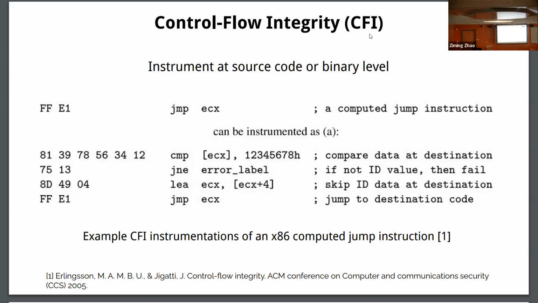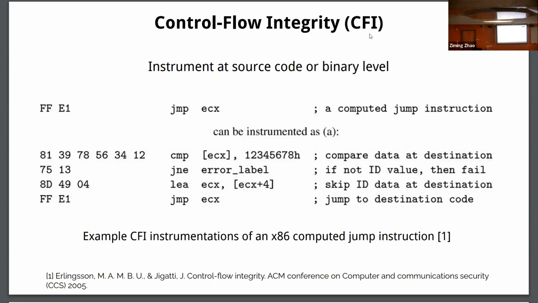Then, before the jump instruction, there will be checks to see if the target address has those random numbers. It must be the correct random numbers. If they're not correct, then we just kill the program. Go ahead. Does the IDs keep memory at compile time? Yes, compile time. Every ID has to be unique, otherwise.